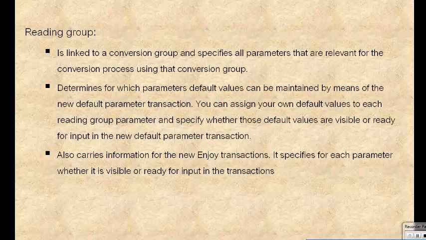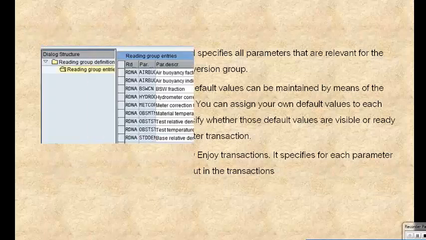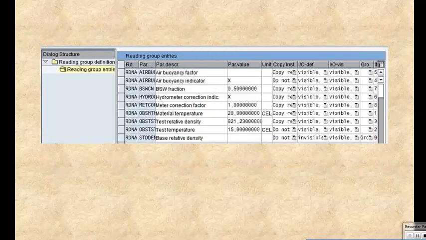The reading group is linked to a conversion group and specifies all parameters that are relevant for the conversion processes. What do we mean by parameters? For example, if you take any oil product or gas product, normally we will follow the ISO standards.